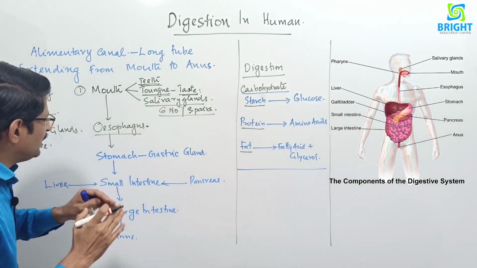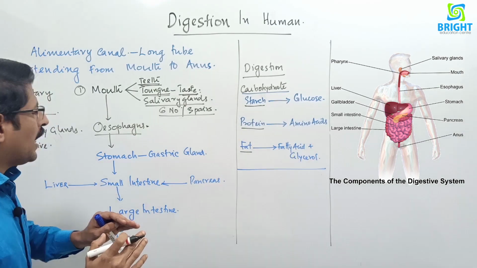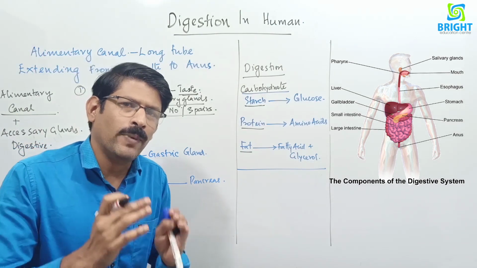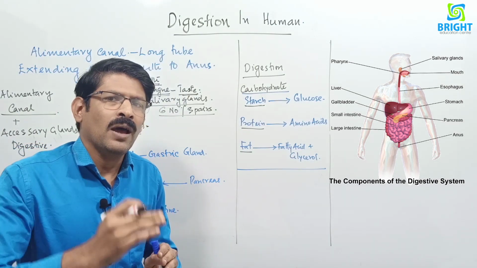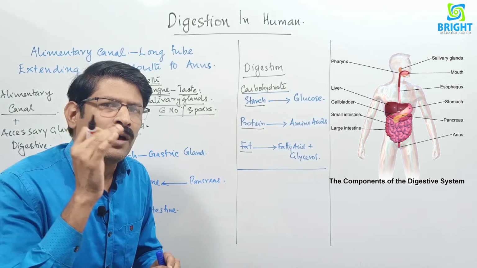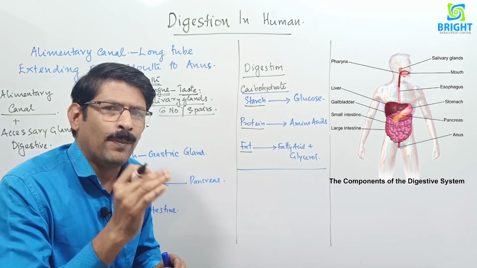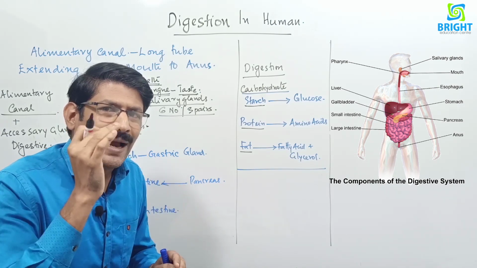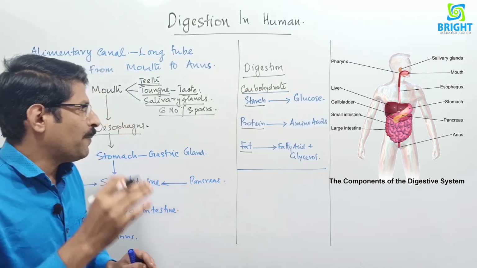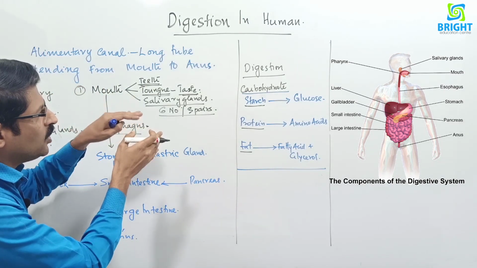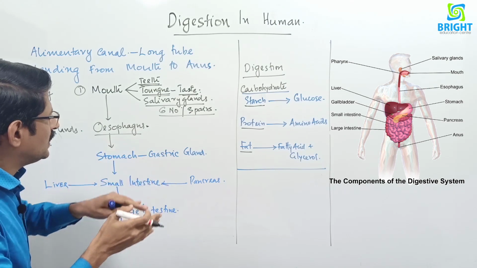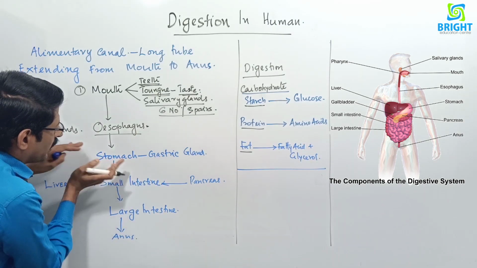The next is a J-shaped pouch called the stomach, which contains gastric glands that produce different chemicals involved in the digestive process, and we will study the digestion of each nutrient in detail, and the role of these organs also.